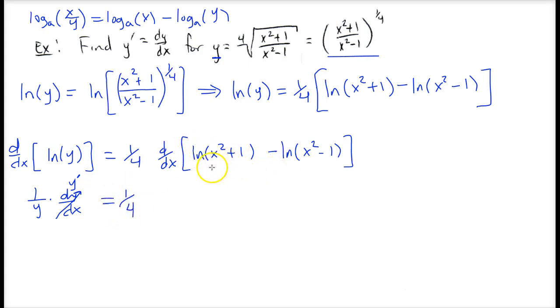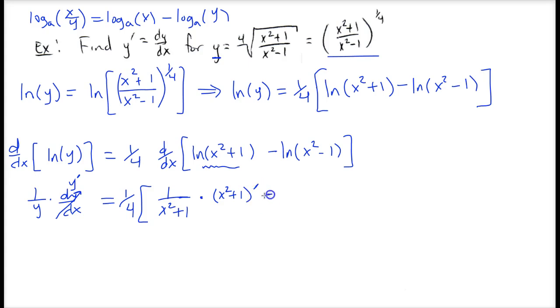On the right side here, when we take the derivative of this first term, we will be employing the chain rule because x squared plus 1 is the inside function and natural log of blah is the outside function. So derivative of outside function with respect to blah is just 1 over blah, where blah is x squared plus 1, times derivative of the inside function.